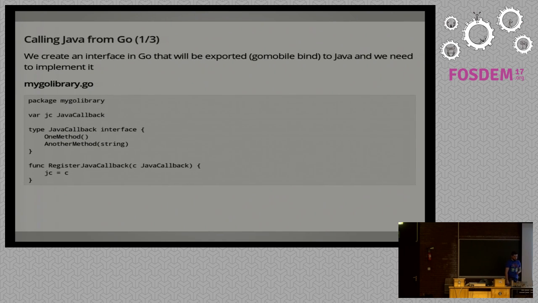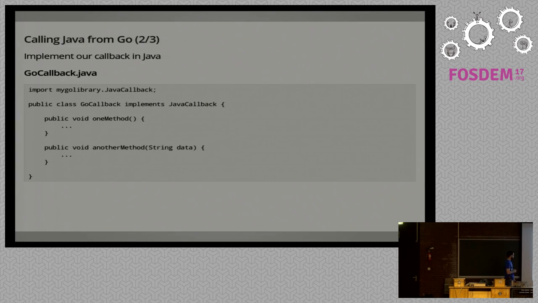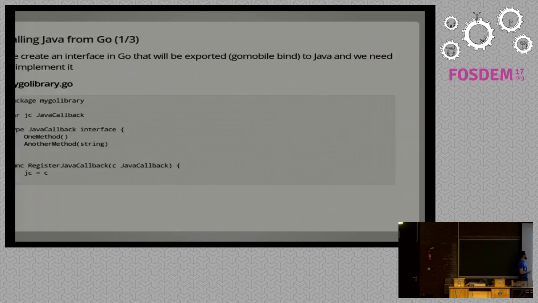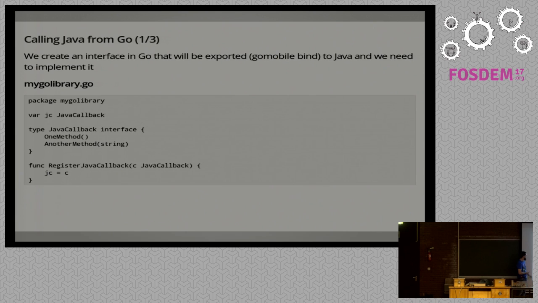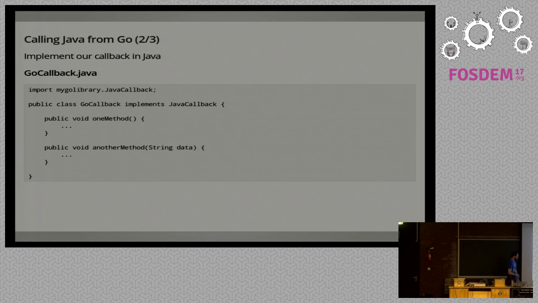So first, we are going to create an interface with some methods in Go, and also a function, register callback, to save a reference to our Java code. Later, we need to implement our interface in Java, which is the same as before, implementing the Java call with the methods we need.